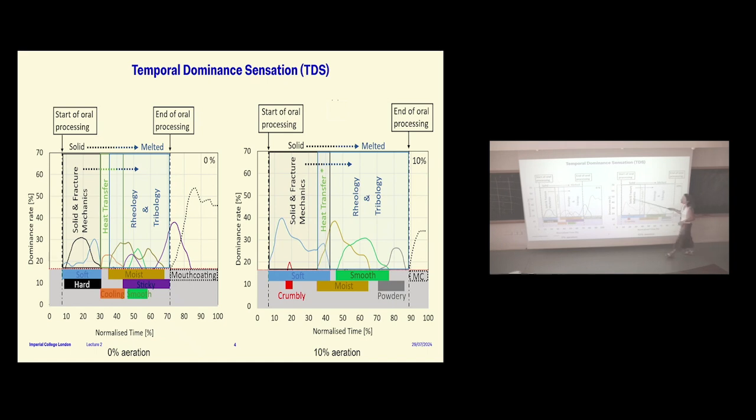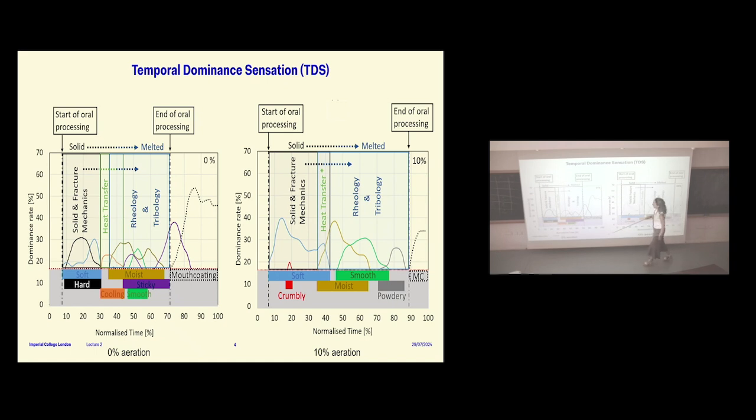And so this is how these are plotted. This is time, and this is the beginning of the oral process. Here, we know this is the end of the oral process because this attribute, the mouth coating, is a sensorial attribute. They do it after they swallow. So we're interested between here and there. And you can see there are two graphs here.